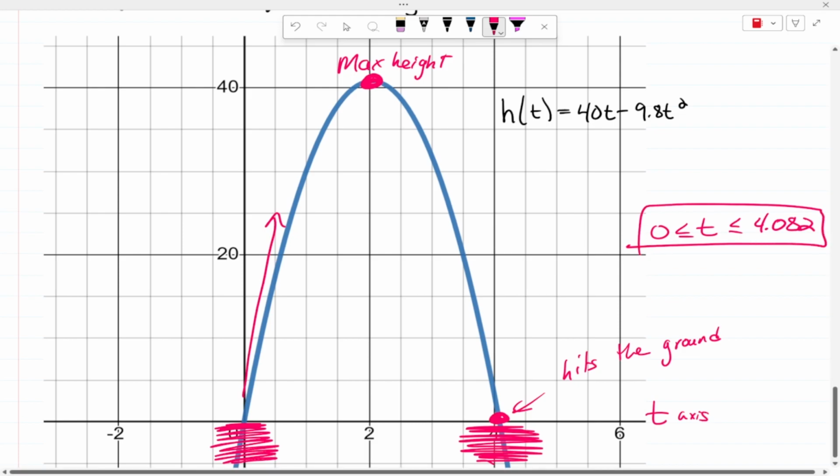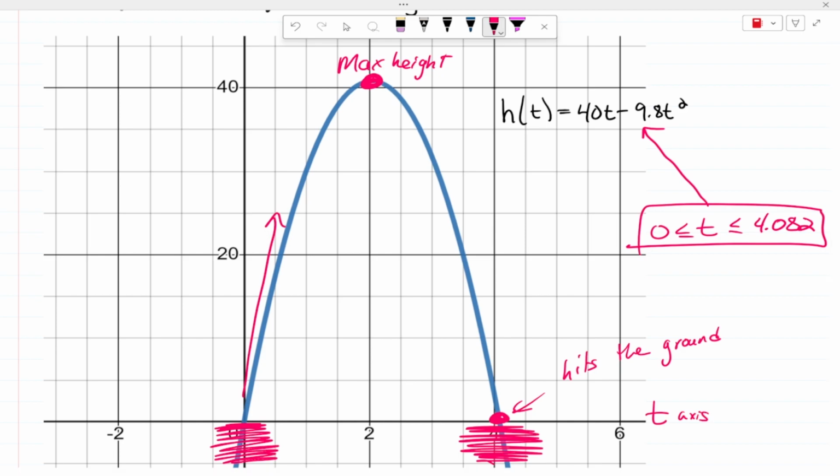So this correlates with that function right there. Anything beyond 4 seconds, don't care. Because theoretically, mathematically speaking, that is going to be inside of the ground. It's going to be below what I want. So you don't worry about it. You restrict your values of t to be in between 0 and, in this case, 4.082. Okay? So that's exactly how this restricted domain stuff works.